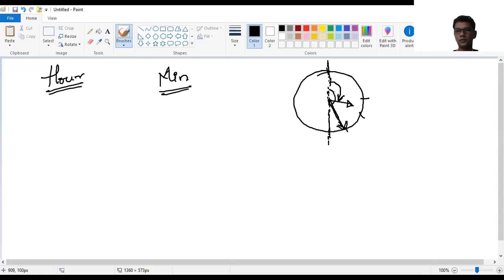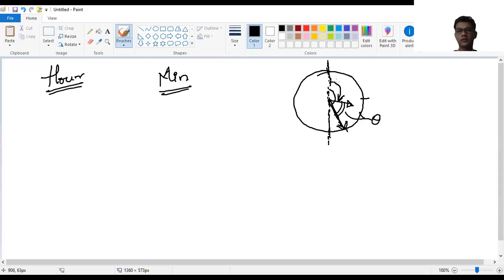Once I know these two angles, the difference between the hour hand angle and the minute hand angle is going to be the angle here, if I call it theta. So I have to find this value theta.